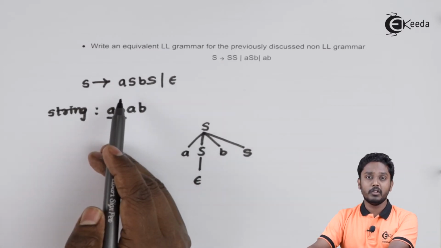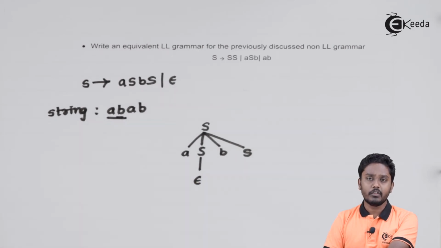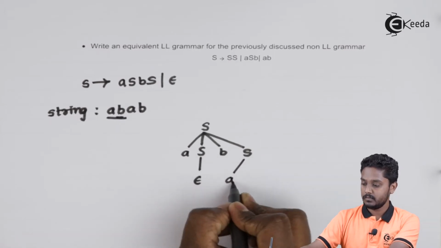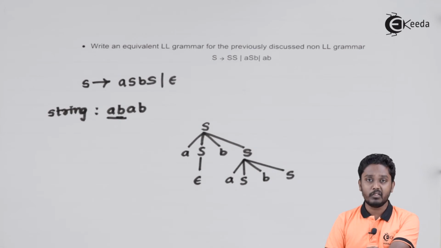We can use only the first production, not the second production, because the second would lead to an epsilon, but we need A, so we use the first production. Again, in a similar pattern, you will see that we need to replace both the S with epsilon looking ahead at the symbol. And finally, we can see that the string which is derived is ABAB.